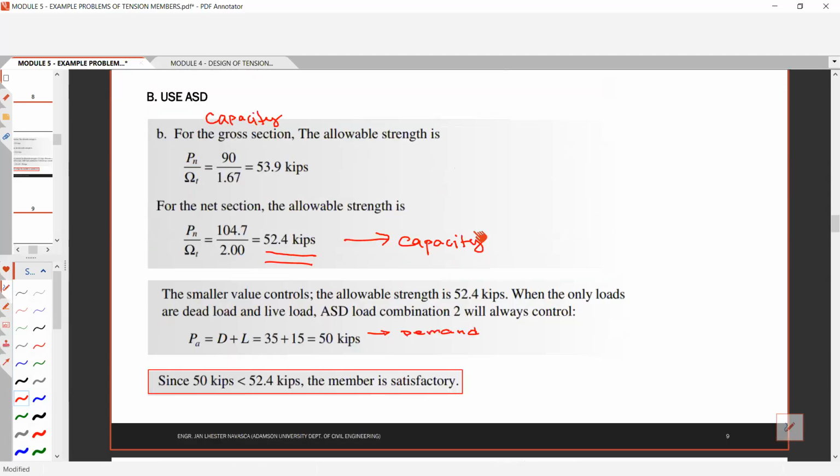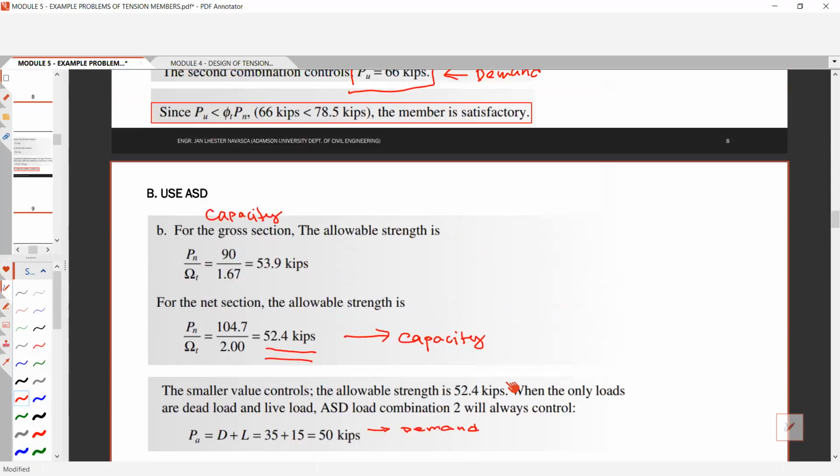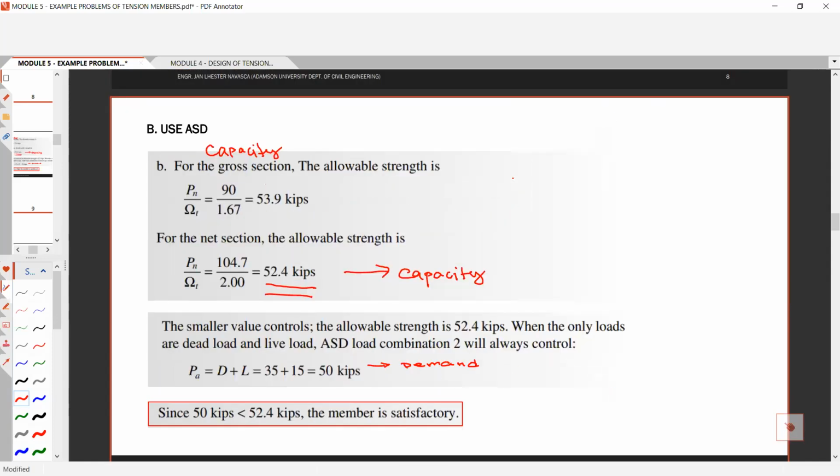So consolidating our problem, based on our observation, if you are solving for the capacity, you will choose the minimum of all limit states.